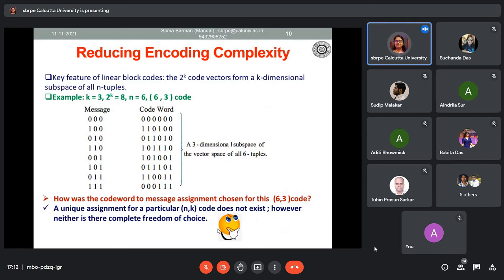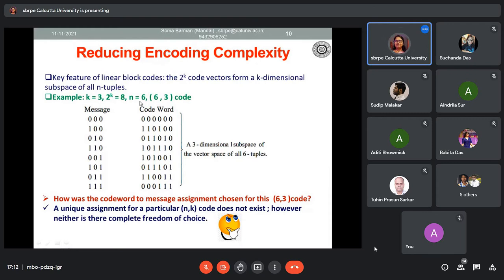So you have to maintain a lookup table and store it. In this case, we are considering k is 3, so 8 messages, and n is 6, that means 2 to the power 6. Out of 2 to the power 6, only 8 you are taking.